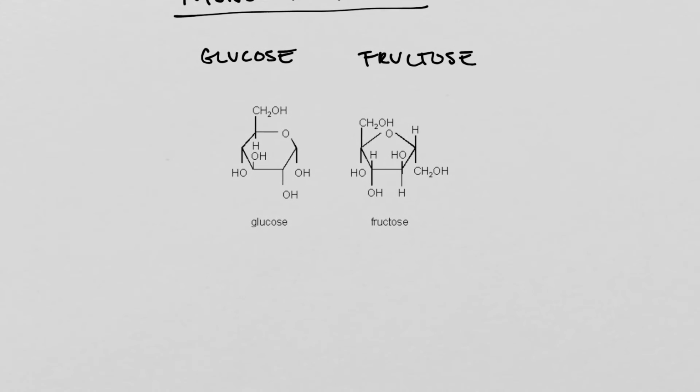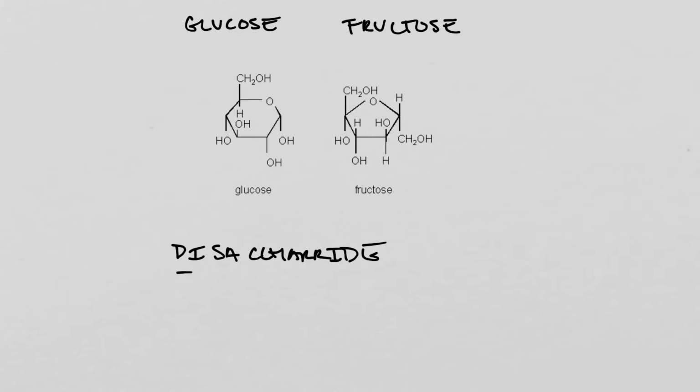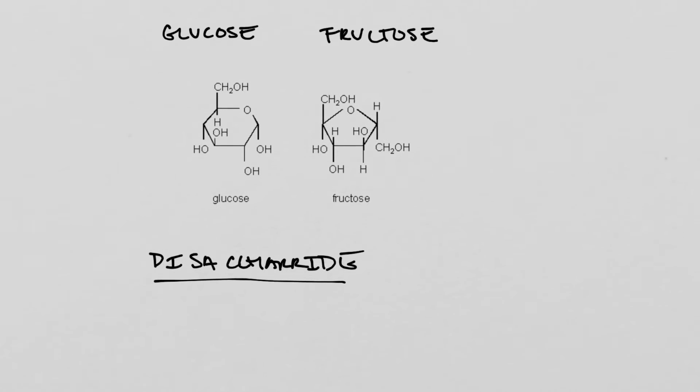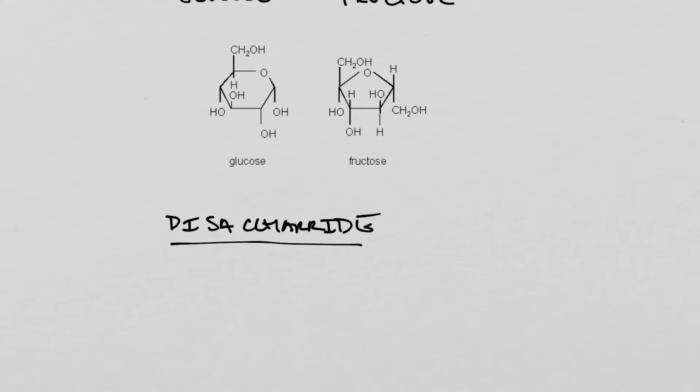fructose. So these are two different monosaccharides, glucose and fructose, and they can actually join together to form what's called a disaccharide. Or two sugars. And I'm sure you've heard of that sugar as well. The combination of glucose and fructose is called sucrose.